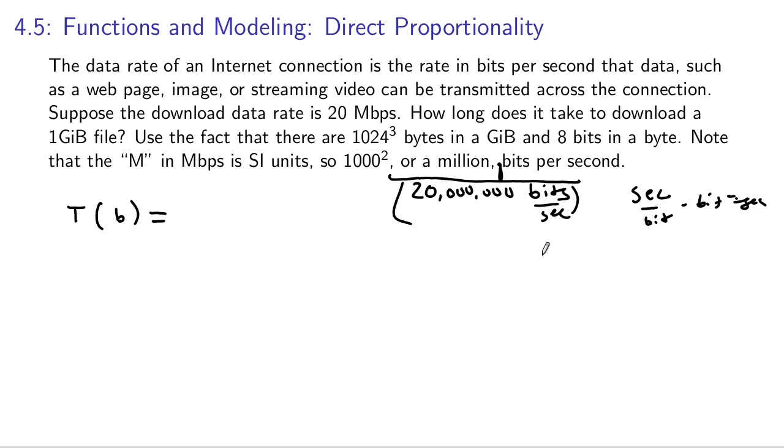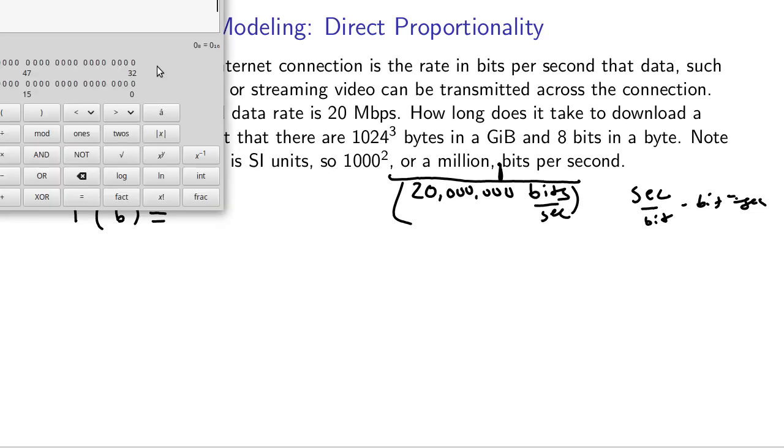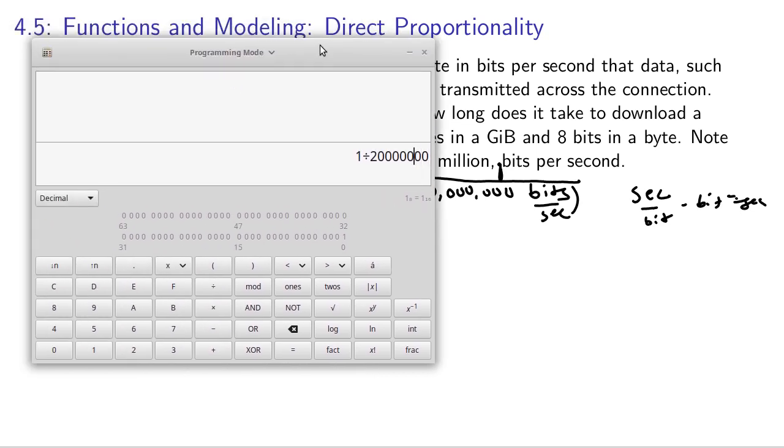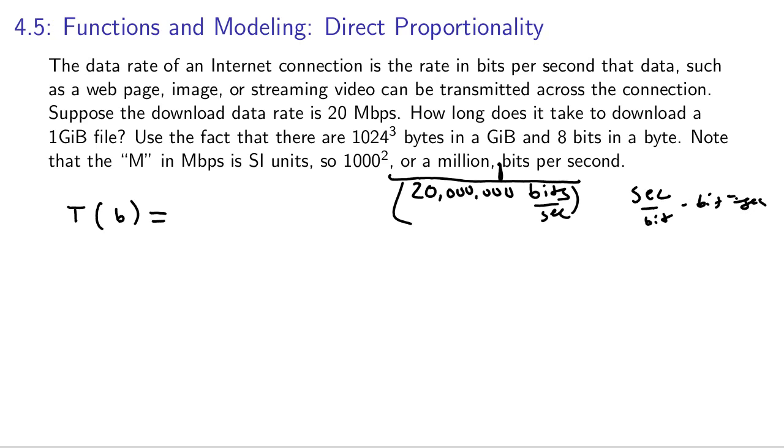Well, it's 1 over 20 but in nanoseconds. So if we do 1 over 20 million, we get 0.0000005, which is 50 nanoseconds. Okay, so this would be 50 nanoseconds per bit. Okay, so it takes 50 nanoseconds to transmit 1 bit.